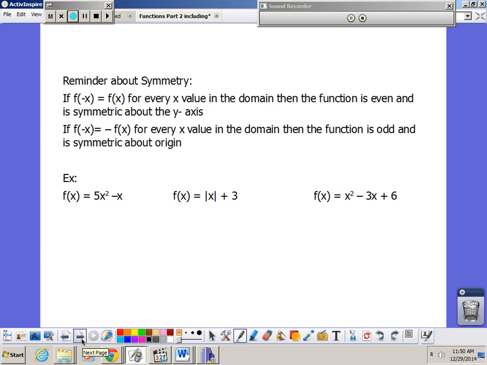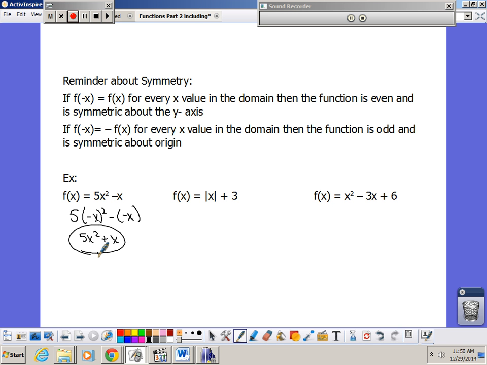And a reminder of symmetry. Remember, if f of negative x equals f of x for every x value in the domain, then the function is even and symmetric to the y-axis, and if you put negative x in and it becomes the opposite, it is symmetric to the origin. So let's try. 5 times negative x squared minus negative x, so we get 5x squared plus x. That is not the same as we started with, and it's not the opposite.